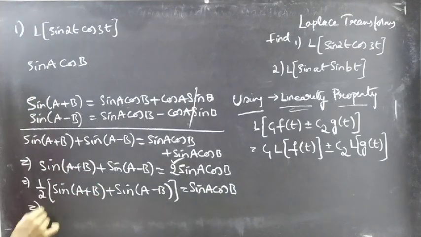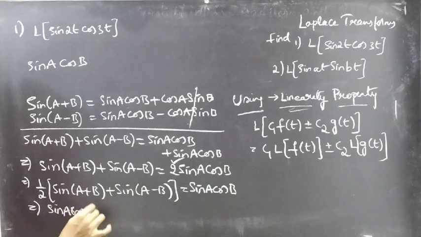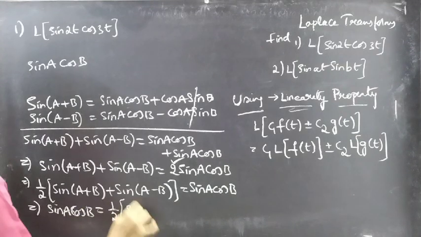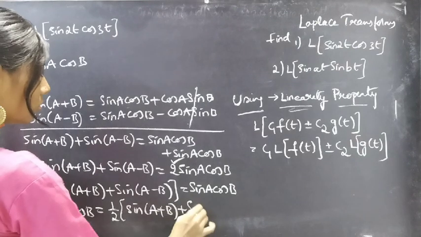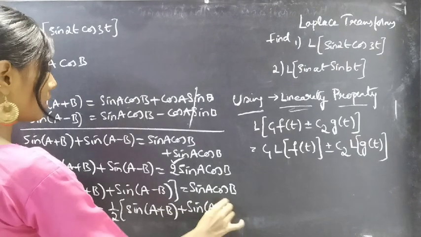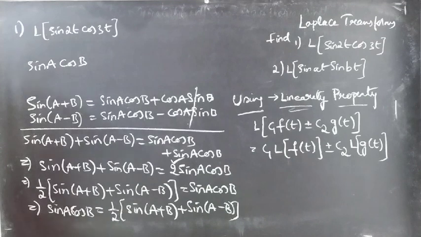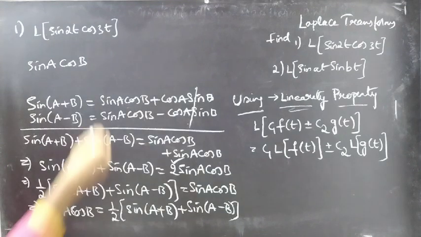From this we got sin A cos B equal to 1 by 2 into sin of (A+B) plus sin of (A-B). So now we can apply this formula here.